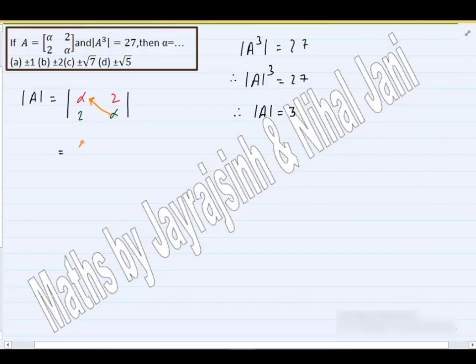Alpha into alpha will give us alpha square, then minus 2 into 2 will give us 4. We already found the determinant of A is 3. So here we can say alpha square is nothing but 7, which suggests that our alpha is plus or minus root 7. Ta-da! Option C is your answer.